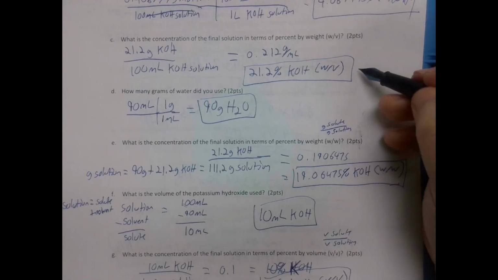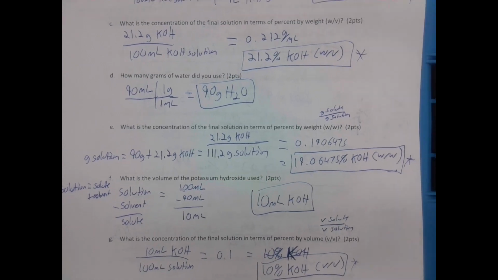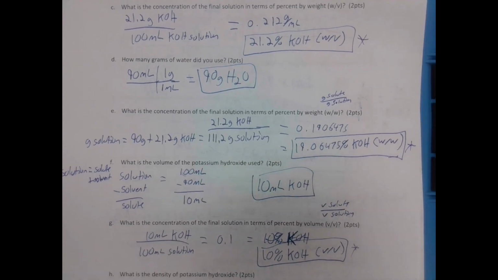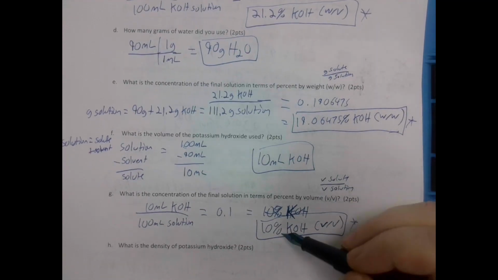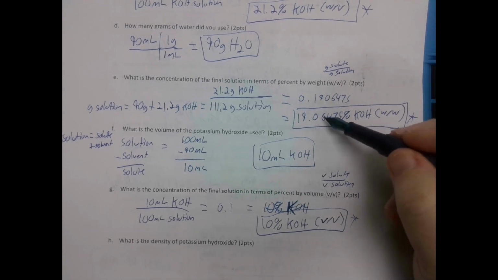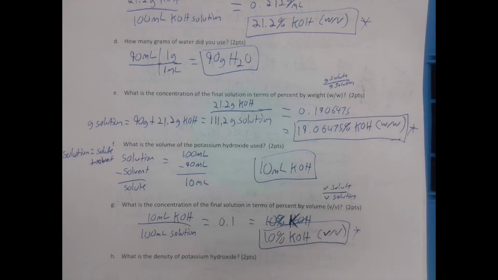Look at how different all three of these values are when done as a percentage. And oftentimes you'll get a bottle and it'll tell you what percentage it is, but not what type of percentage. And look, if you assumed it was weight per weight, that 10% volume by volume is equivalent to almost 20% weight per volume or weight per weight.